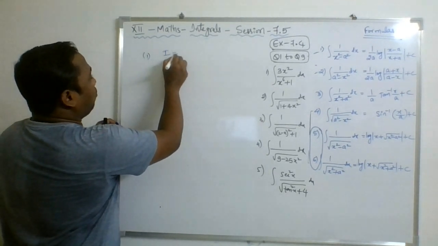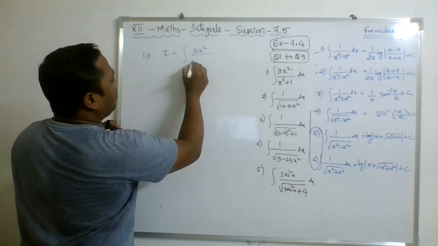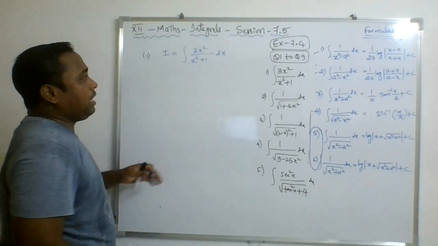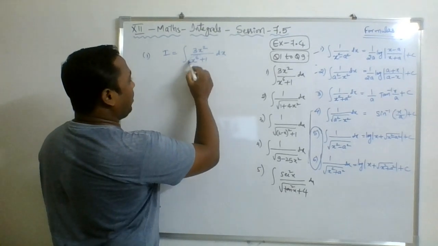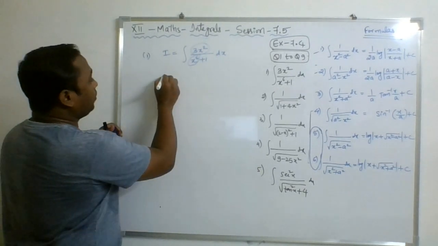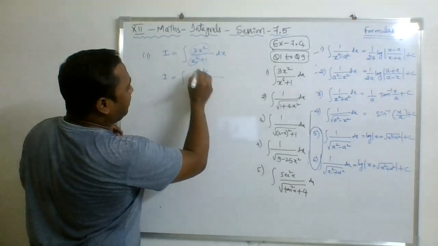I stands for the integral of 3x square upon x to the power of 6 plus 1 dx. If you closely observe this question, there is a relation between this factor and this factor. How? I am modifying the denominator a small bit.